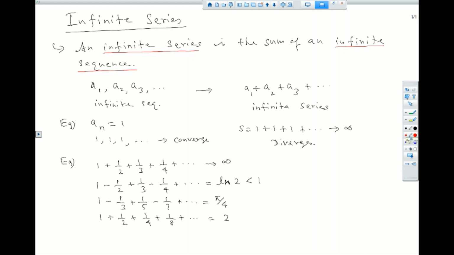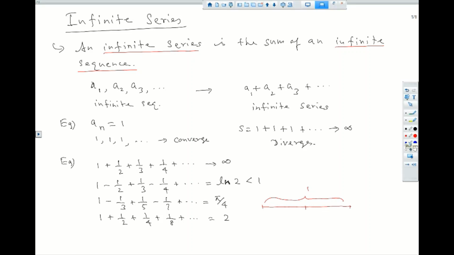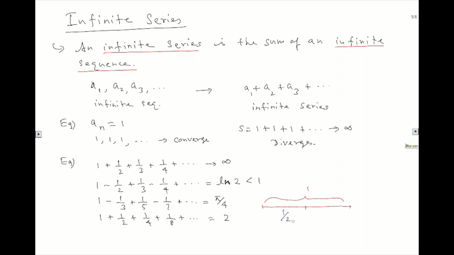This one is very easy to see why this is 2. So we can discuss that right now, because this is a simple situation. So let's say you get a 1. This is 1. What I'm going to do is halve it. So this is 1/2. And this is 1/2. Now I'm going to halve the second piece. If you halve the second piece, you're going to get 1/4.